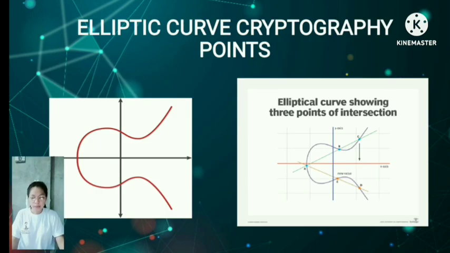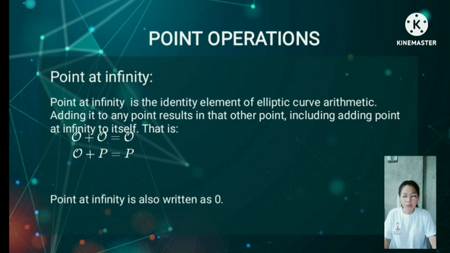Given two points on E, say P and Q, let R be the third point of intersection of P, Q, and E. P + Q is the third point of intersection of E and the vertical line through R and E.